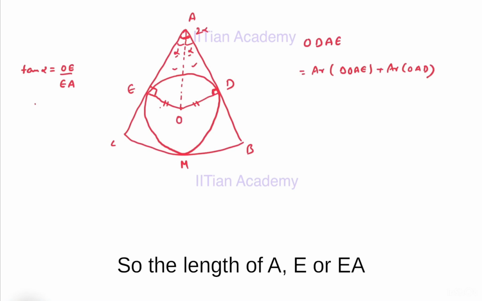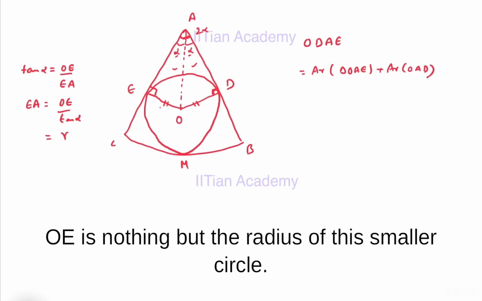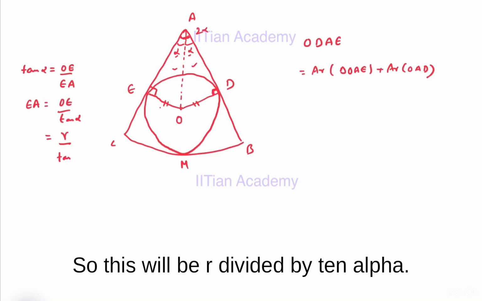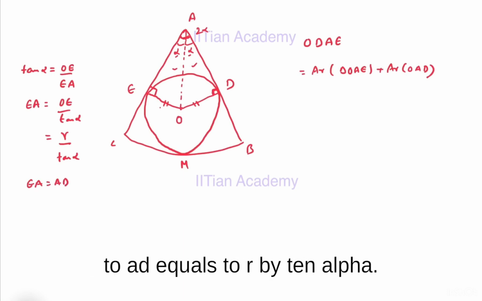So the length of AE will be OE divided by tan alpha. OE is nothing but the radius of this smaller circle, so this will be R divided by tan alpha. In the same way, EA will also be equal to AD, equal to R by tan alpha.